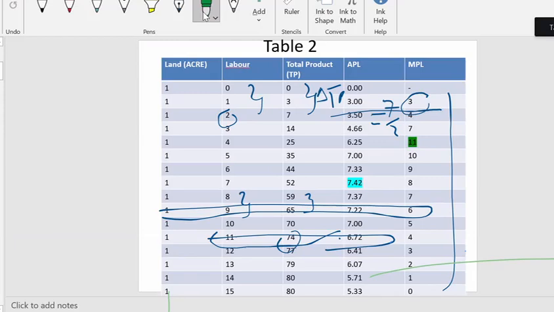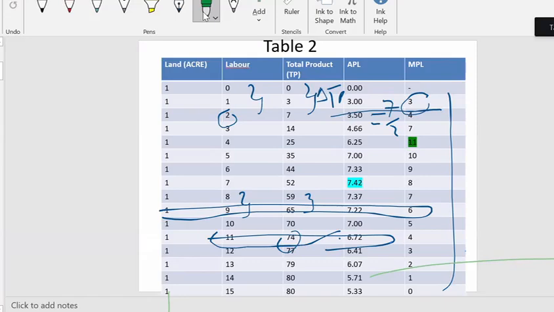And what was the output? Because I'm looking at the marginal product at level 6, I have to check the change in the total product. You take the difference between this one and the previous. What is the previous value?